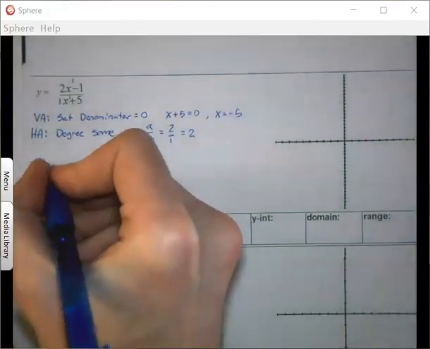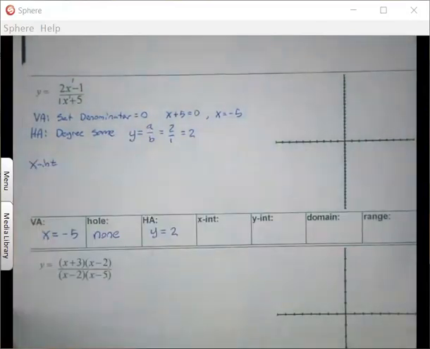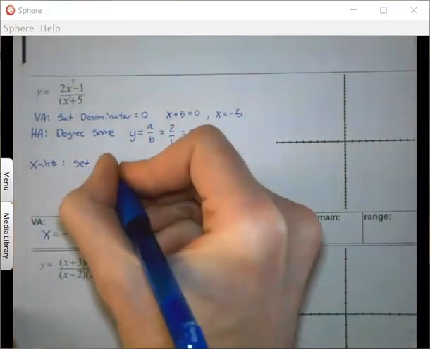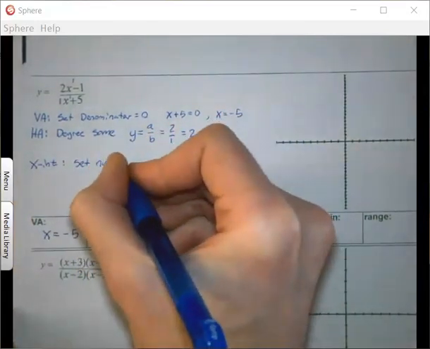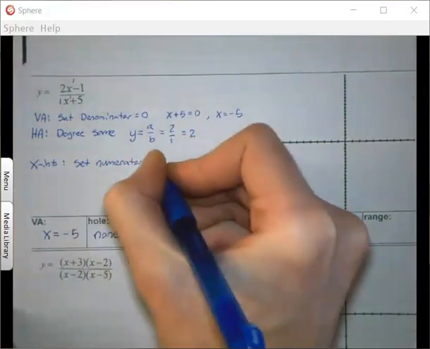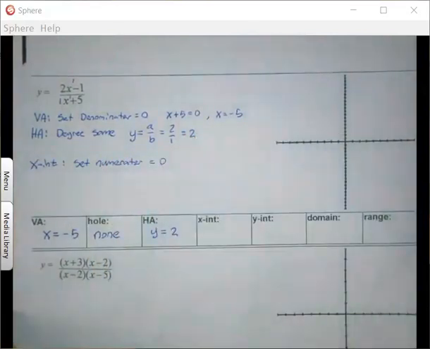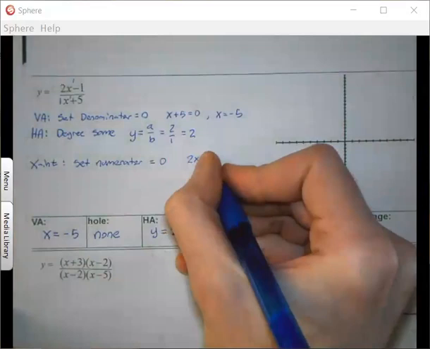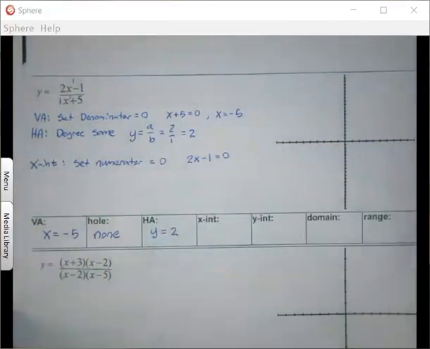So x-intercept, where we can set the numerator to 0. In this case, that's going to work nicely. So say when is 2x minus 1 equal to 0?